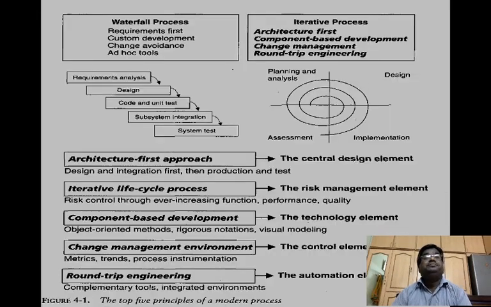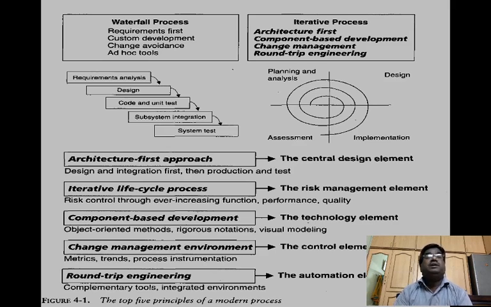Okay, next. In this slide, you are going to learn the difference between the conventional process model, called the waterfall model, and the iterative process model. In this slide, the first part is showing the waterfall process model. Requirements first.